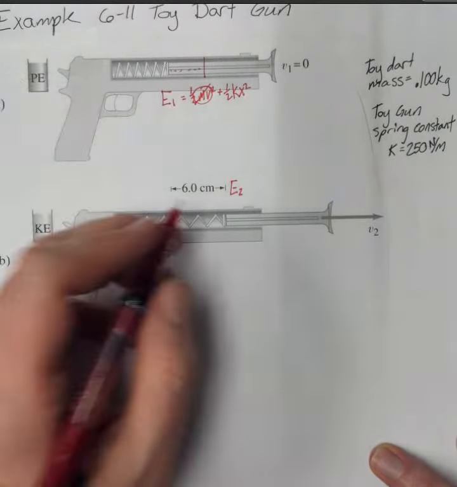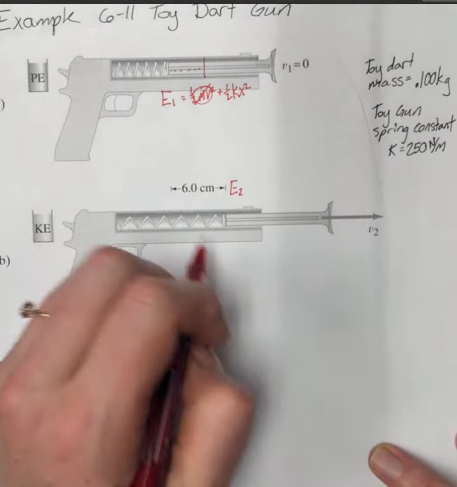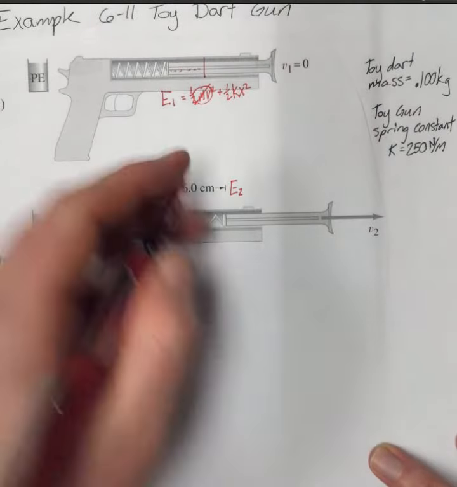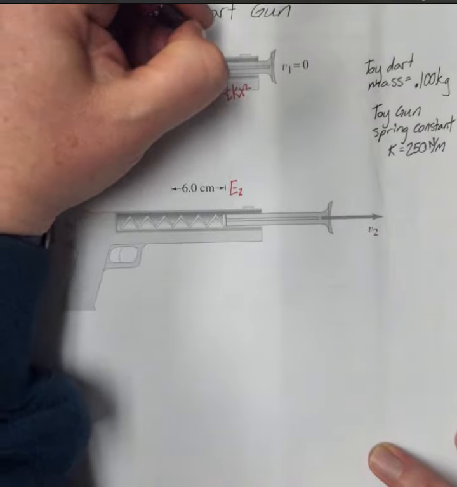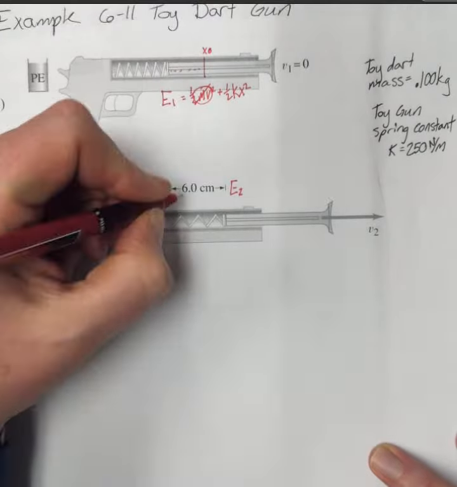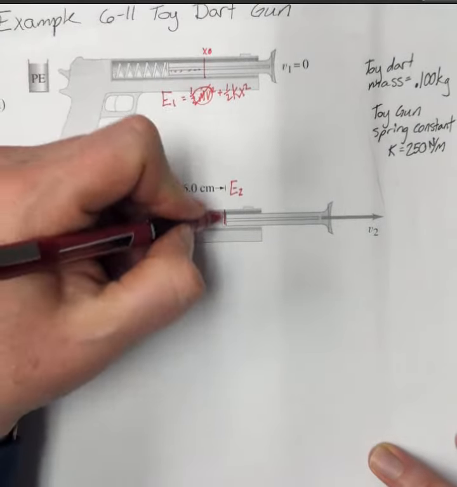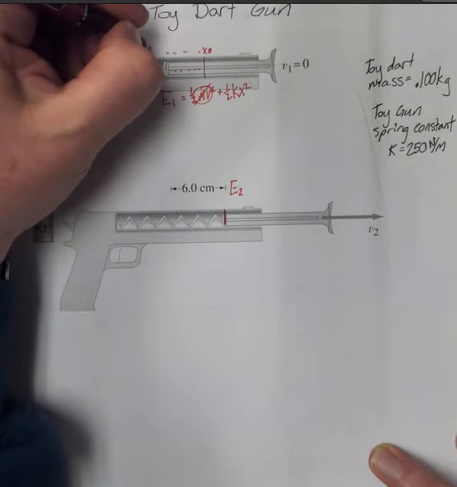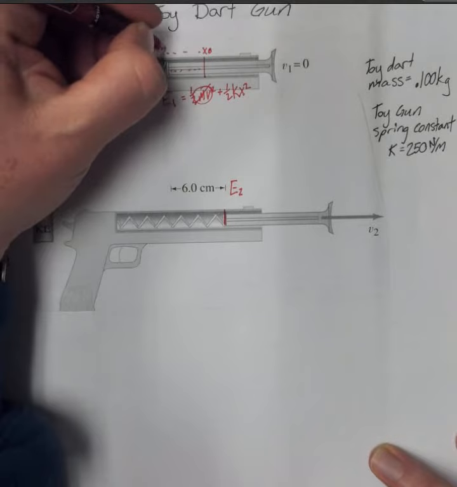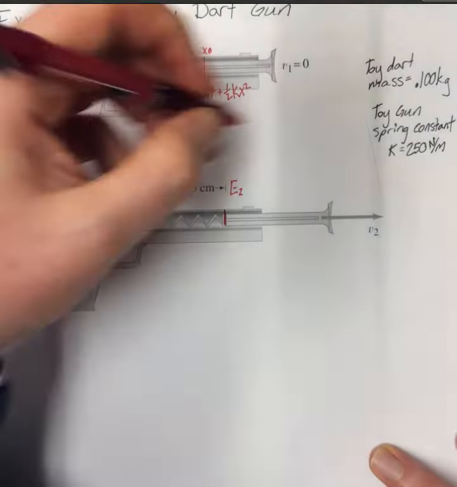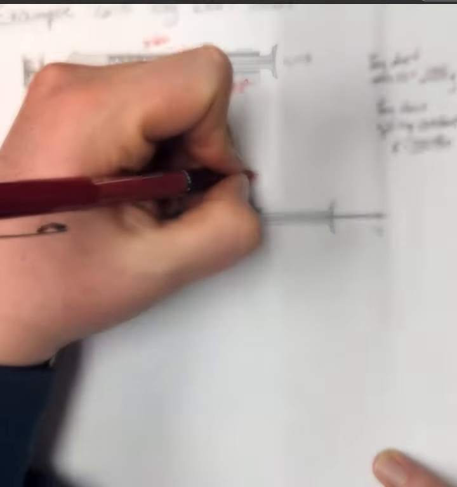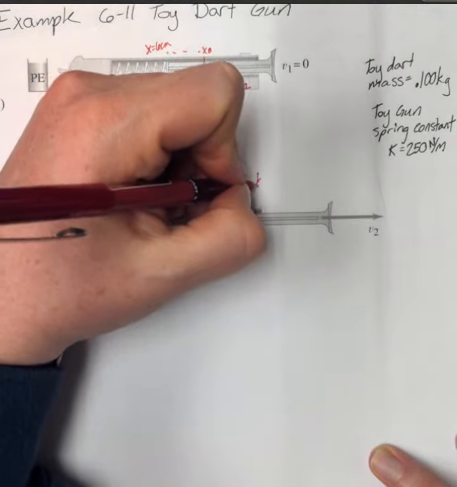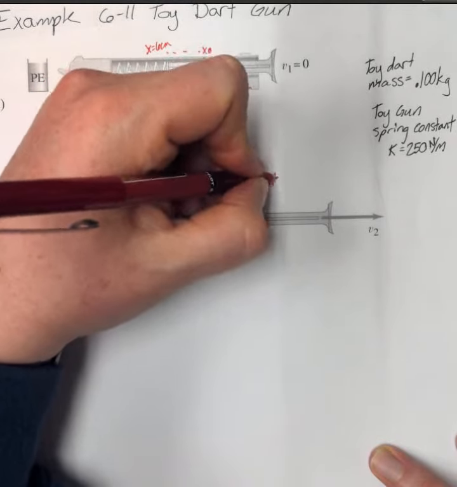Down here, the spring has relaxed back to its relaxed length, so this is a position of x equals 0, and that's where the spring is here. This position here is a position of x equals 6 centimeters. So at E2, the potential energy due to the spring, 1/2 kx squared, is equal to 0.